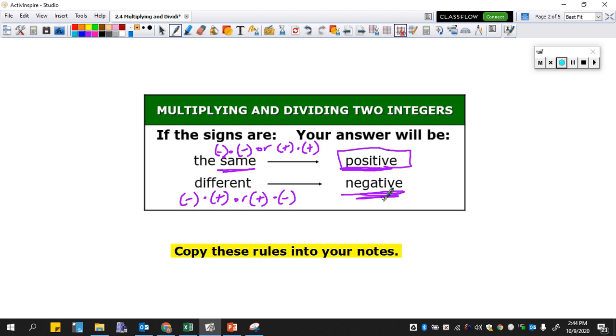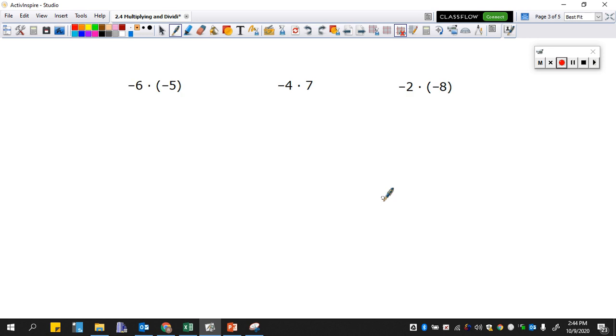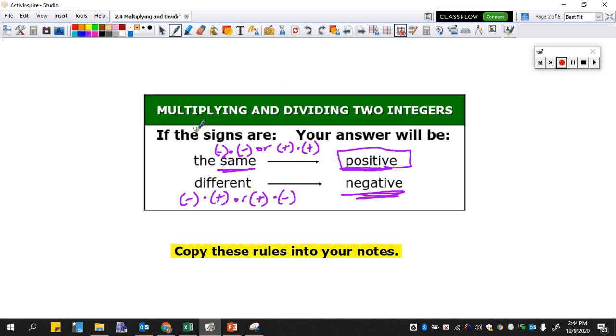Pause the video and copy these two rules into your notes. All right. So now that you've copied that into your notes, we're gonna multiply here. Oh, and I forgot to mention that the same rules also apply to division, because multiplication and division are inverse operations of each other.